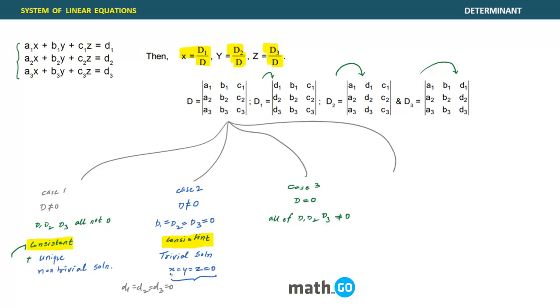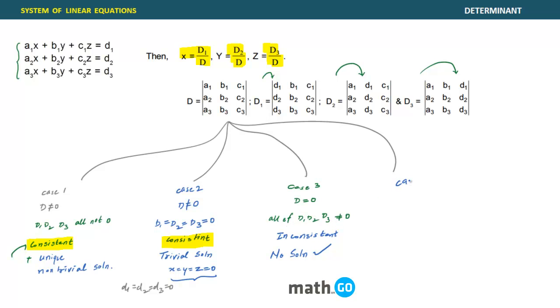Then the answer is straightforward: this is inconsistent, and inconsistent means having no solution. So this case will have no solution when d is 0 but d1, d2, d3 are not all 0.